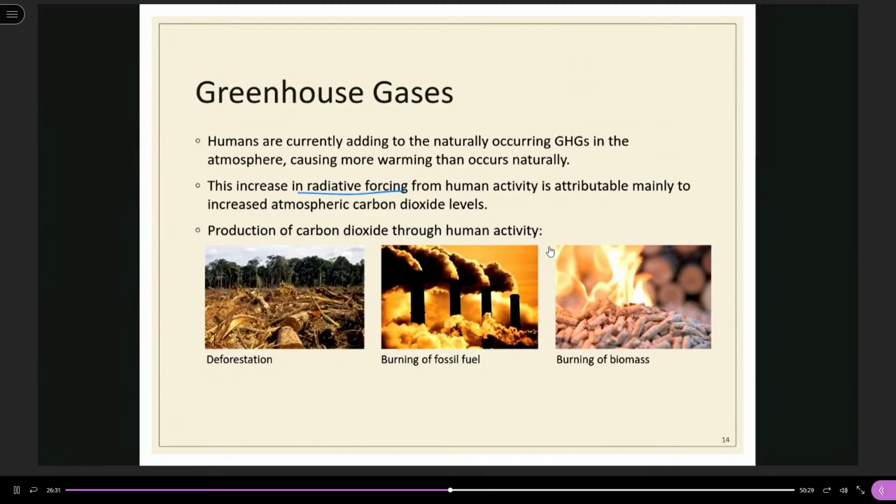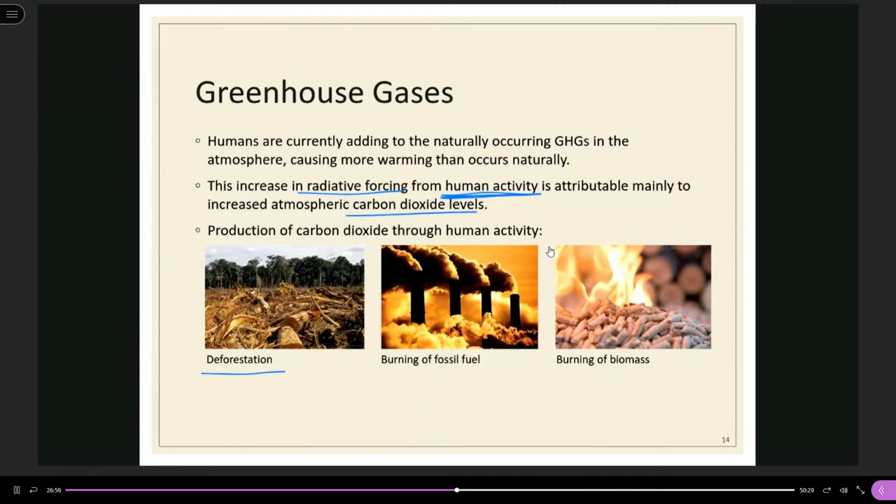Okay, so this is the radiative forcing of the greenhouse gases, and this radiative forcing is increased because of human activity. And human activity increased the carbon dioxide concentration. So what human activity would increase the carbon dioxide concentration? We have deforestation. So we cut down the trees.